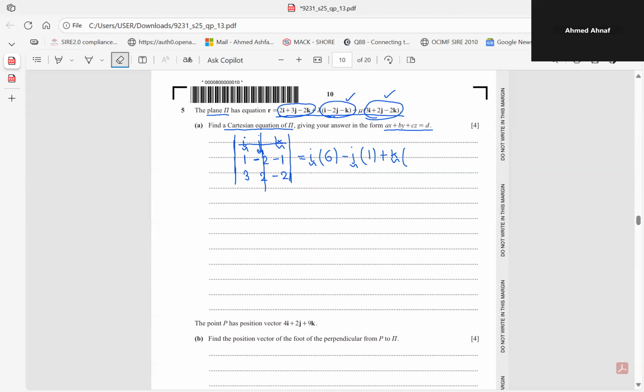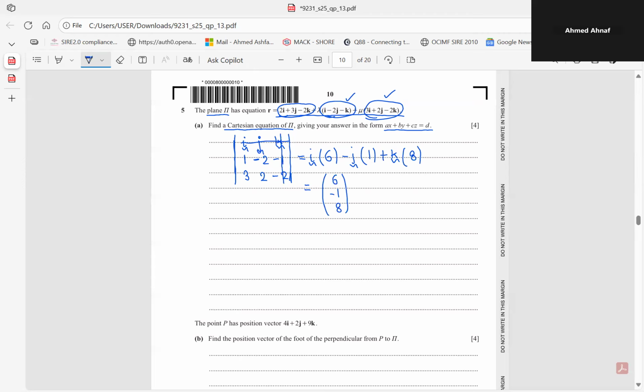So this is just 2 minus -6. So that would just be 8. Okay, now we can write our normal vector in column form. So this is 6, -1, 8. So this is our normal vector.